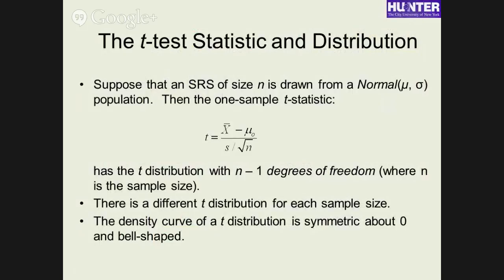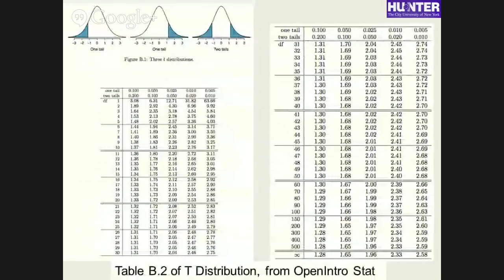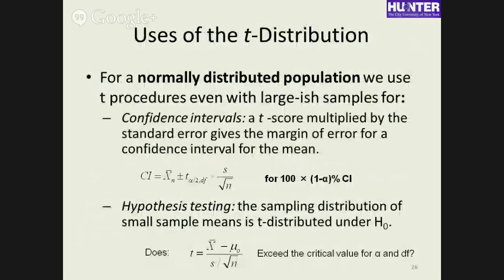So we're making the assumption of a normally distributed population here when you use the t procedures. As long as the population is normally distributed, you can get a correct confidence interval using this formula with the t distribution.